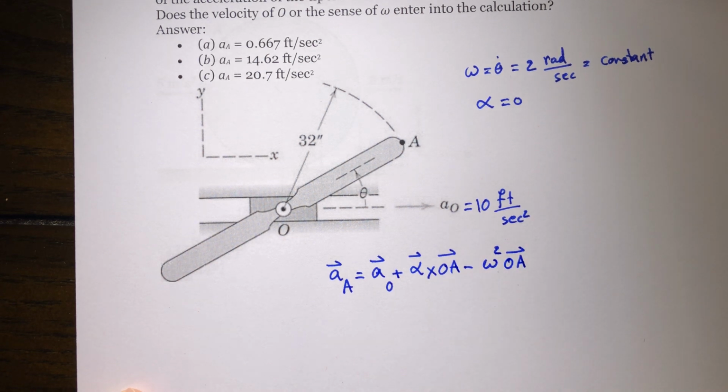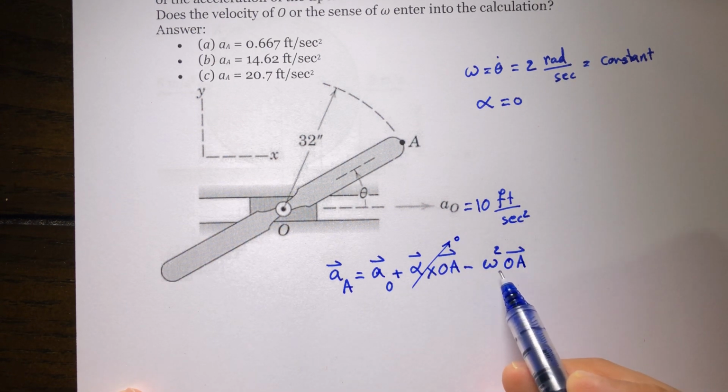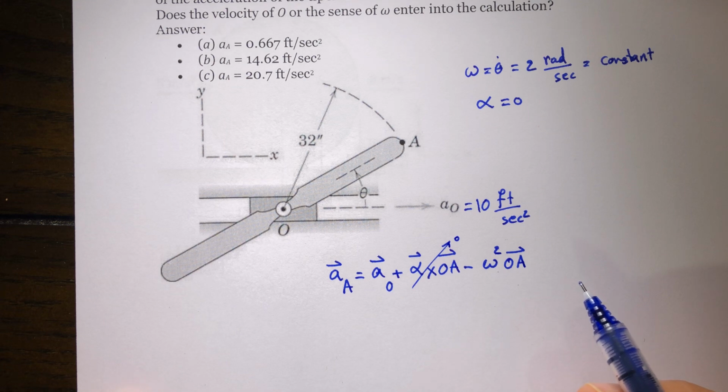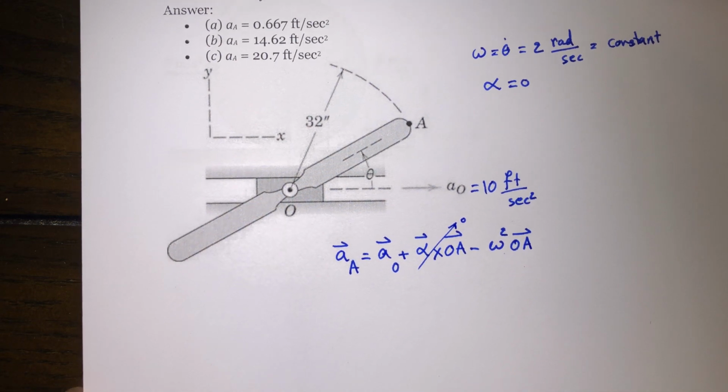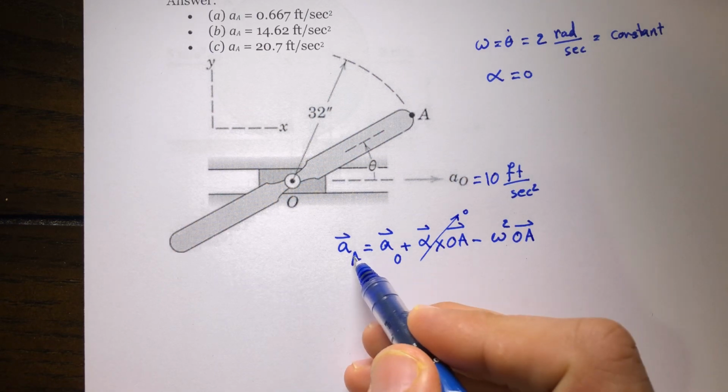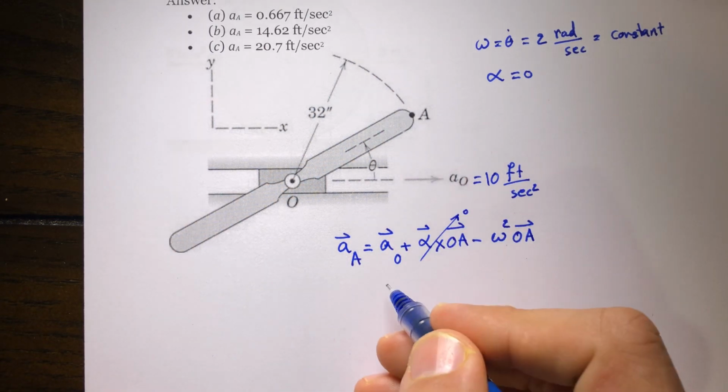Okay. This part is 0 because alpha is 0, omega is given, and we know what OA is in a vector form, right?